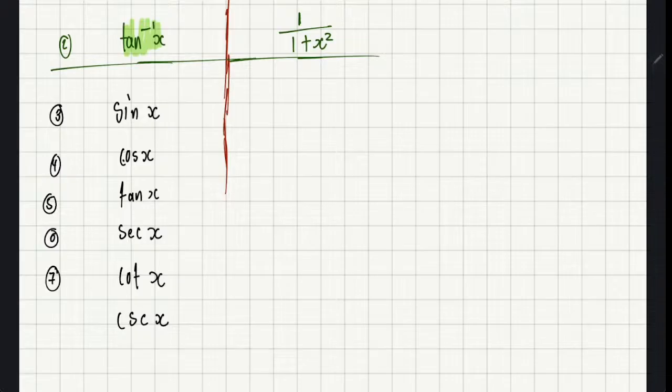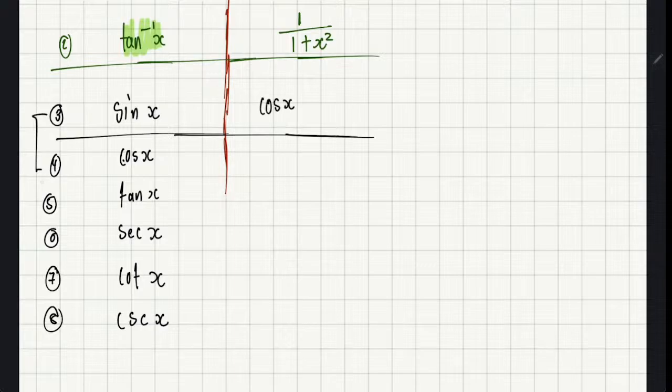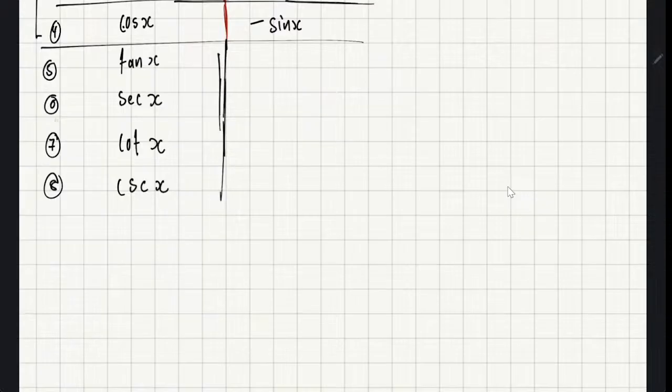Derivative of sine, remember sine and cos are related. Sine gives you cos. Cos gives you negative sine. So they give you each other. Then you keep going now. You have tan and sec squared.